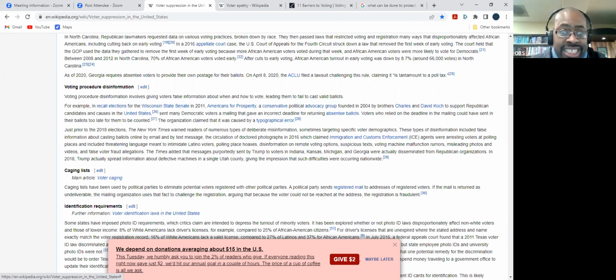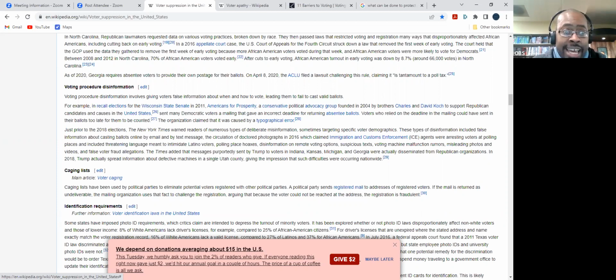Polling place hoaxes, disinformation on remote voting options, suspicious texts, voting machine malfunction rumors, misleading photos and videos, and false voter fraud allegations. Also not included in this list, it is also common that they would pass out fake ballots. I've seen those in the 2022 midterm elections.